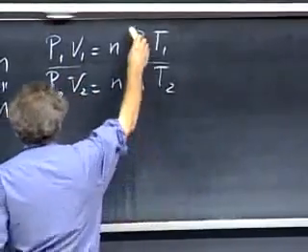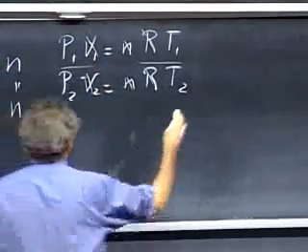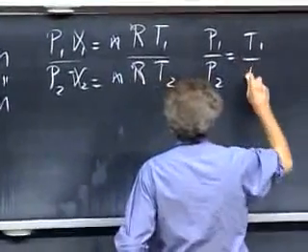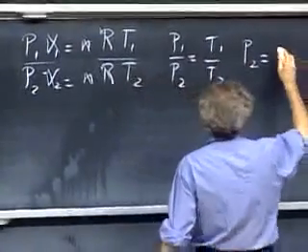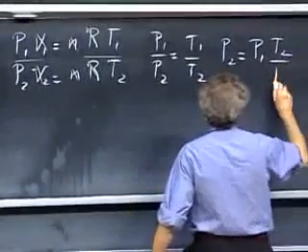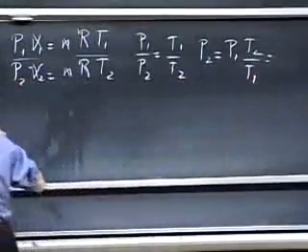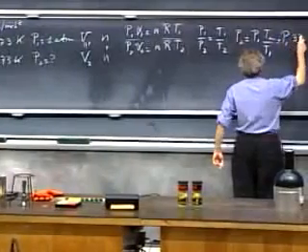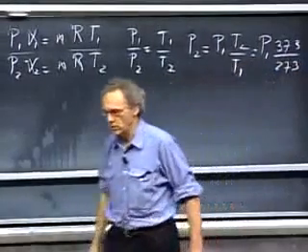I divide these two equations, lose my n and my R. We agreed that the volume was the same, and so we find that P1 divided by P2 equals T1 divided by T2, or the pressure P2, which is our goal, equals the 1 atmosphere pressure, which is P1, times T2 divided by T1. T2 is 373, T1 is 273, so it is 1 atmosphere times 373 divided by 273. That's what the gas law predicts.